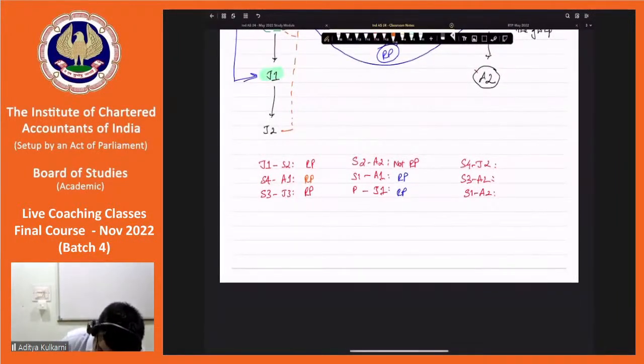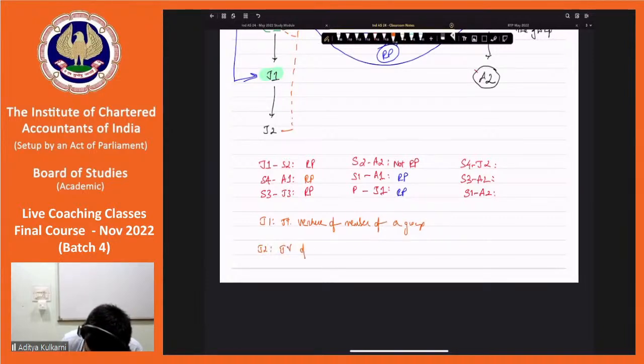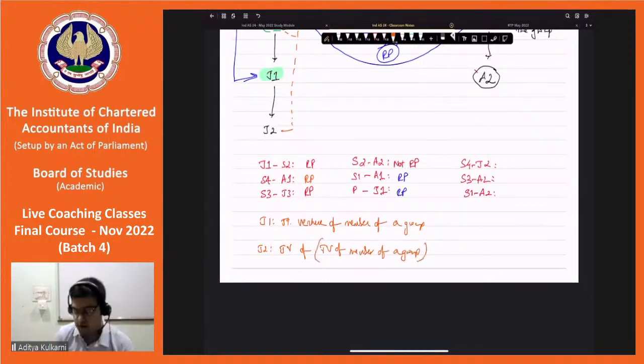Sir, थोड़ा लिख के बताओ. J1 is joint venture of a member of a group. Whereas J2 is joint venture of a joint venture. These are two different things.